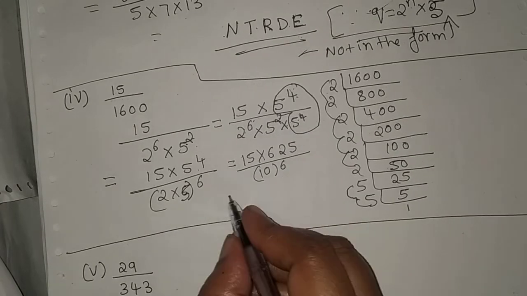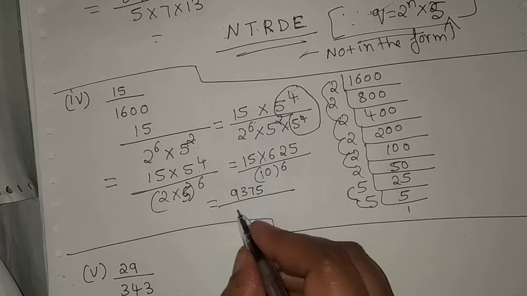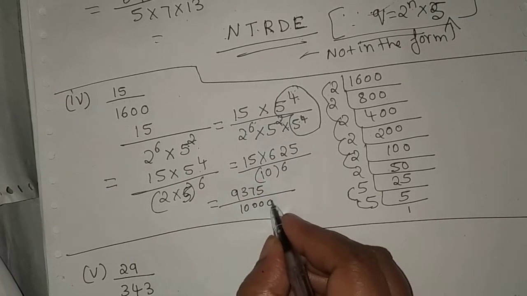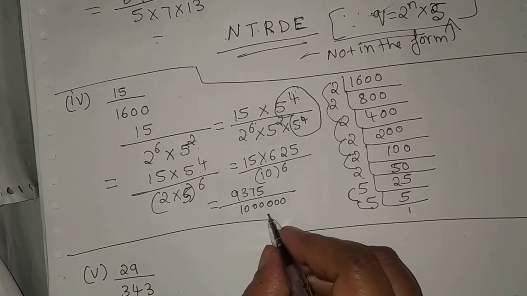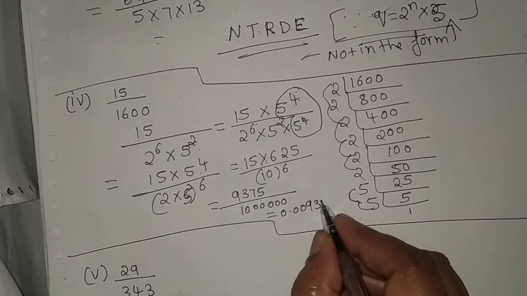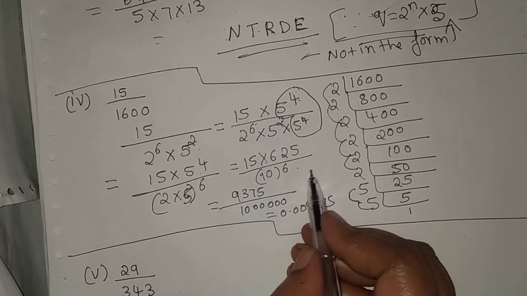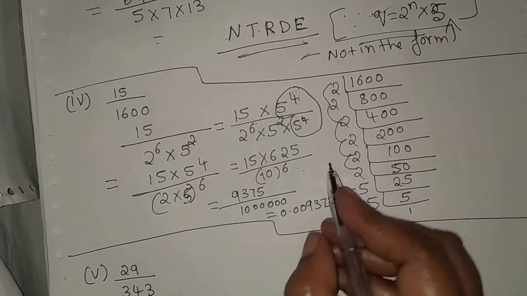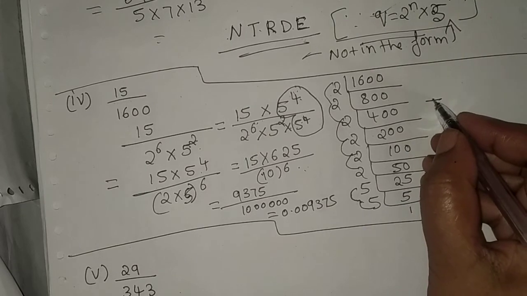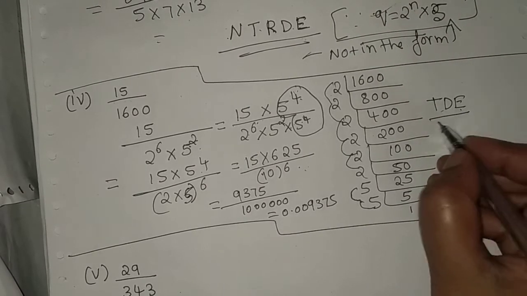Finally we get 9375 followed by 6 zeros in the denominator, which is equal to 0.009375. So this is in the form 2 power n into 5 power m. Finally we can write this as TDE, that is terminating decimal expansion.